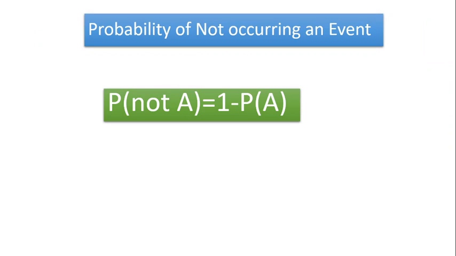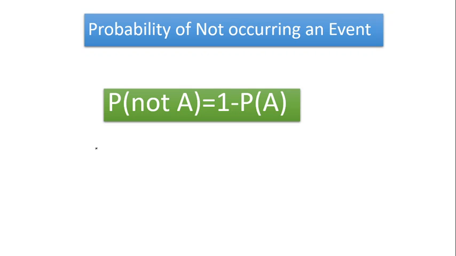Probability of an event not occurring: if we know the probability of an event occurring, then we can calculate its probability of not occurring. If for occurring it is P(A), then for not occurring we can write it as 1 minus P(A).